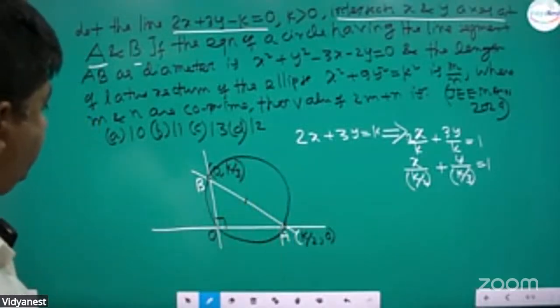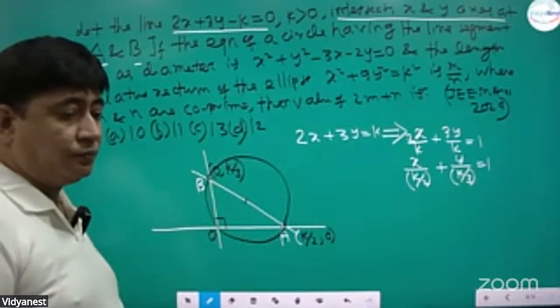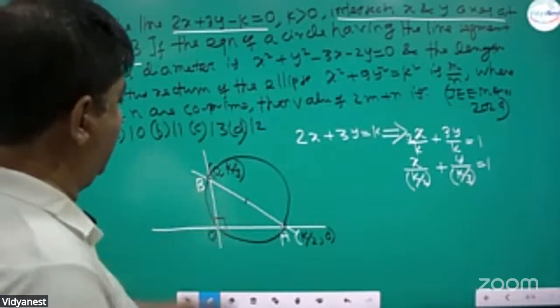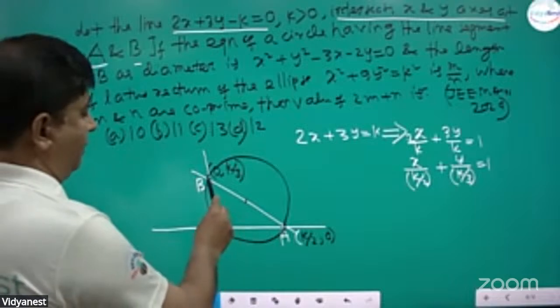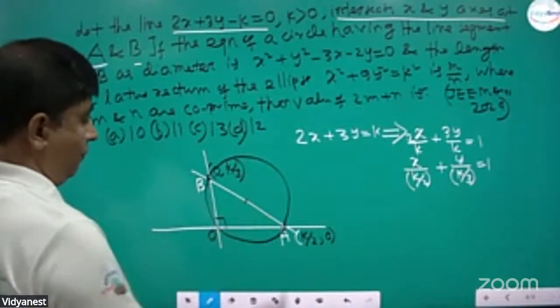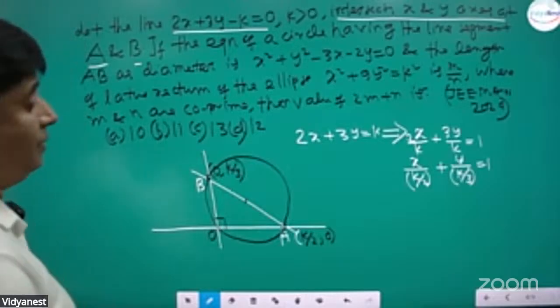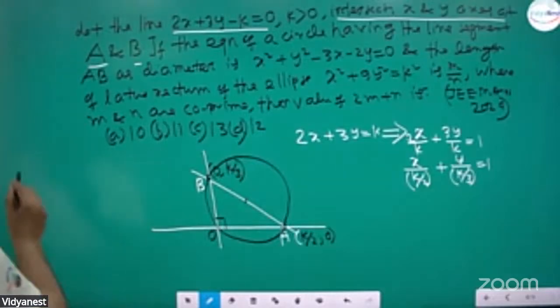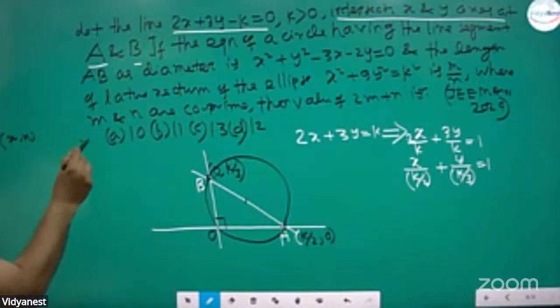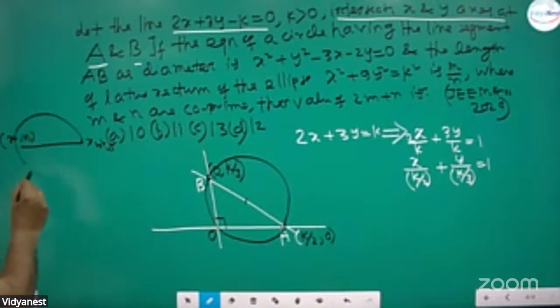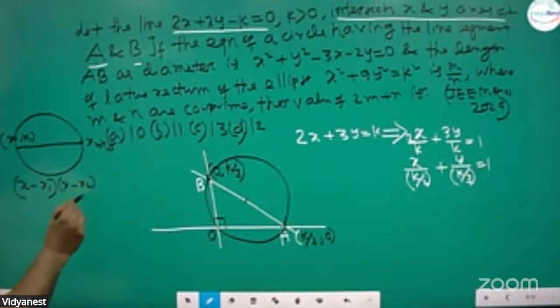And you know that for a circle, if the 2 extremities of a diameter are given, then the equation of the circle is what? If you forget, I am reminding you. Suppose this is x1, y1 and this is x2, y2. This is the diameter given. Just recall your memory, just revisit the past.